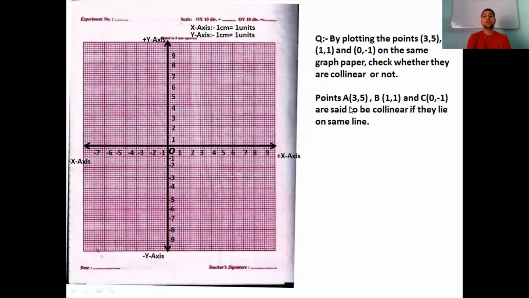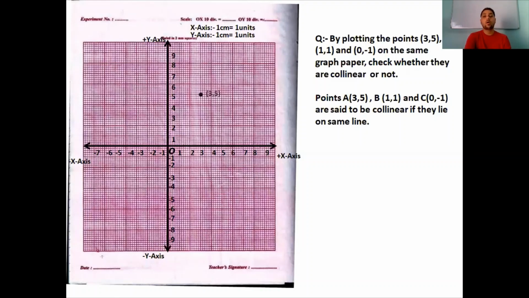That means when we draw these 3 points and join them, they must form a straight line. If they do not lie on the same line, then the points are not collinear.